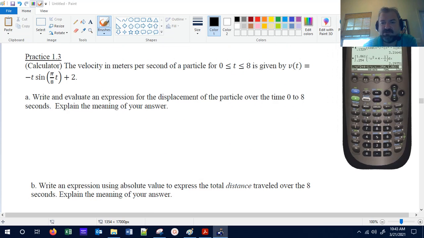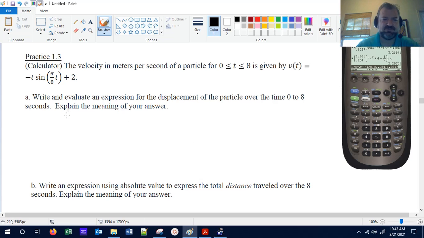Okay, so I have a kind of an extension here where we're going to be applying these concepts to some of the physics problems. The velocity in meters per second of a particle for t from 0 to 8 is given by this expression. We're going to write and evaluate an expression for the displacement of the particle over the time from 0 to 8. So the displacement is simply the change in position.